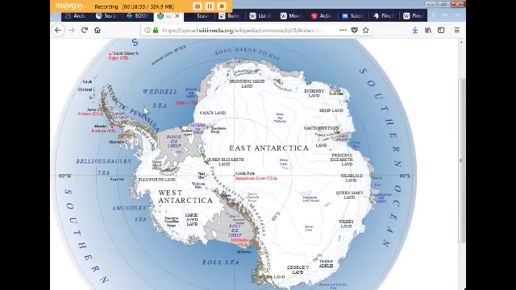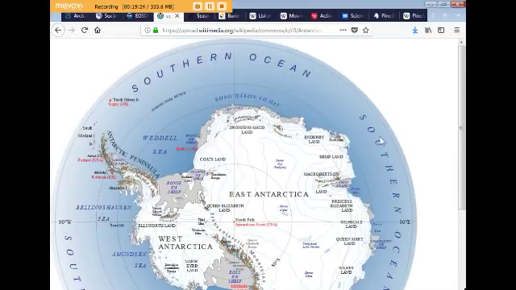And remember the Weddell Sea. That's important because there are several different glaciers. They call them ice streams. And these glaciers, as they melt, they feed into these seas. And this is fresh water that's feeding into the ocean.